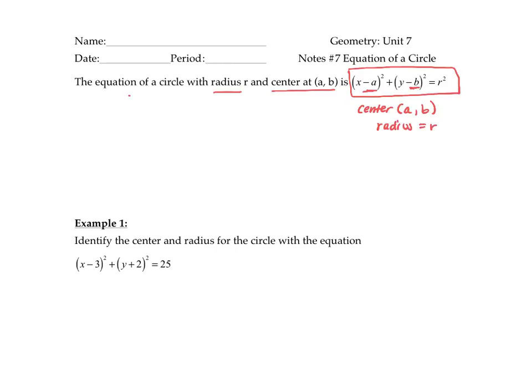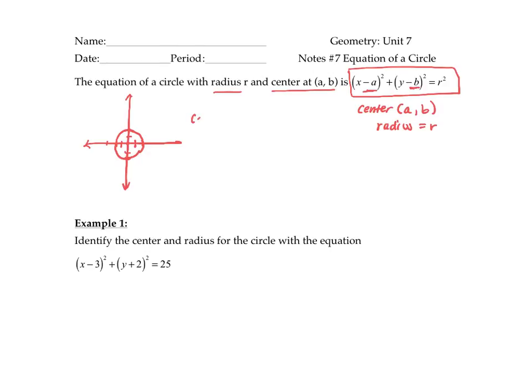So imagine if we had a circle centered at 0, 0 with a radius of 2, then we could come up with the equation for that circle. So I'm going to say this graph will look something like that.